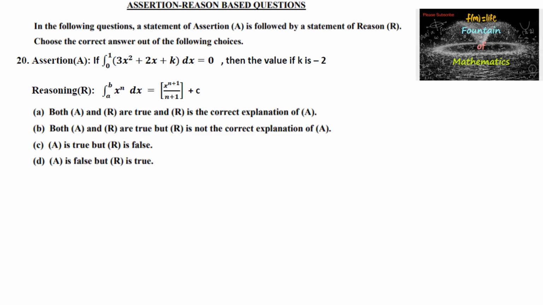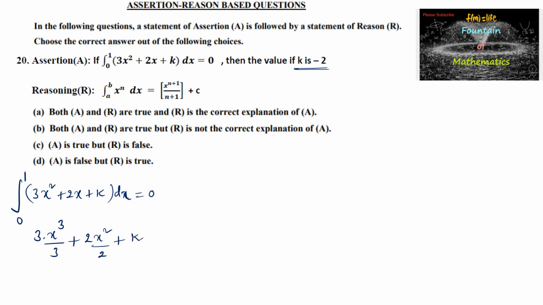Assertion reason based question. Assertion given: if integral 0 to 1 of 3x square plus 2x plus k dx is equal to 0, then the value of k is minus 2. Let us simplify this. Integration of 3x square is 3 into x power 3 by 3, plus 2 into x power 2 divided by 2, plus k into x over the limits 0 to 1, which is 0.